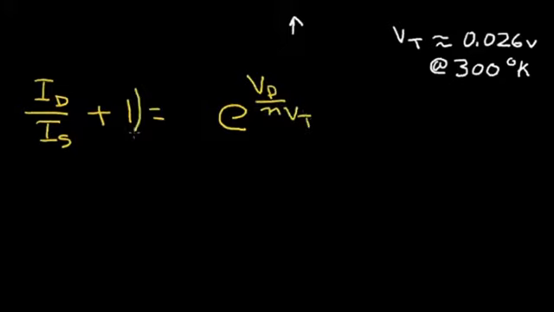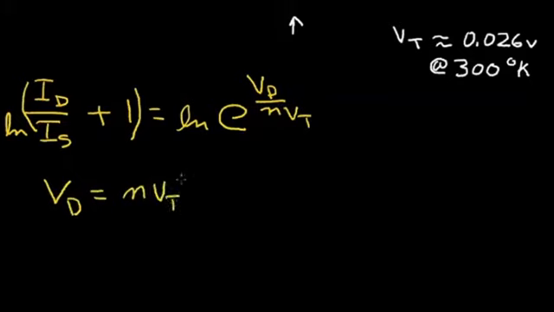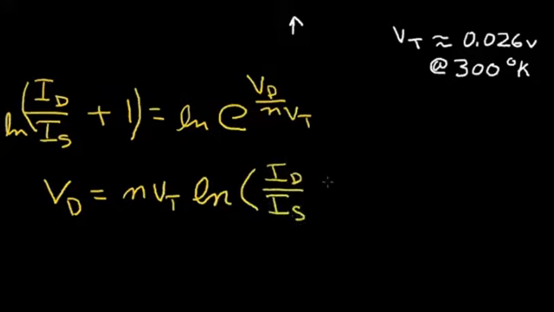Now we can take the natural logarithm, Ln, of both sides, and we can rearrange the terms a little bit, and we get the voltage across the diode is equal to N V sub T times the natural log of the current in the diode divided by the diode saturation current, plus 1.